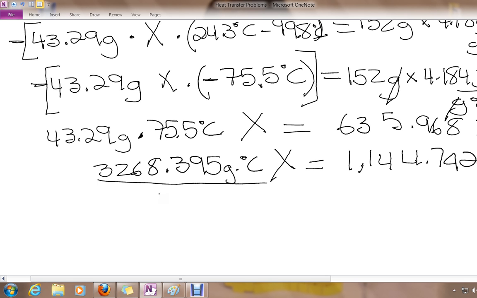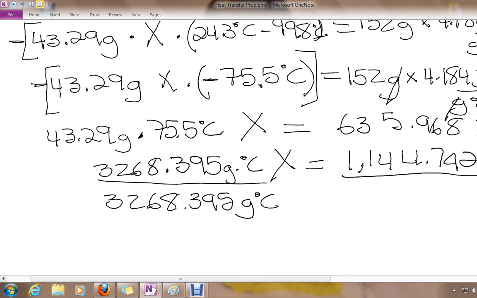So we're going to divide everything by 3268.395 gram Celsius, divided by 3268.395 gram Celsius. So this and this cancel out.